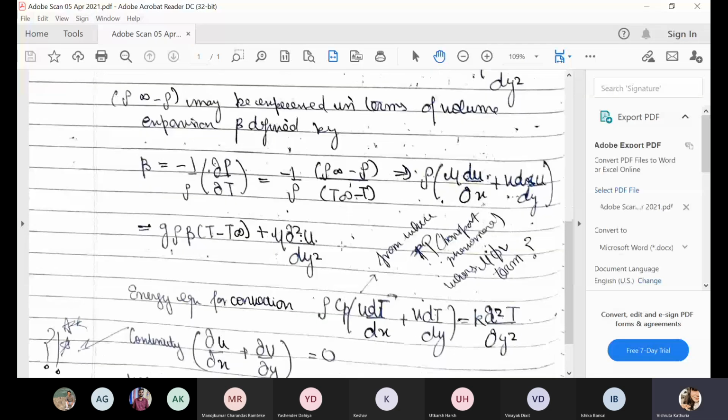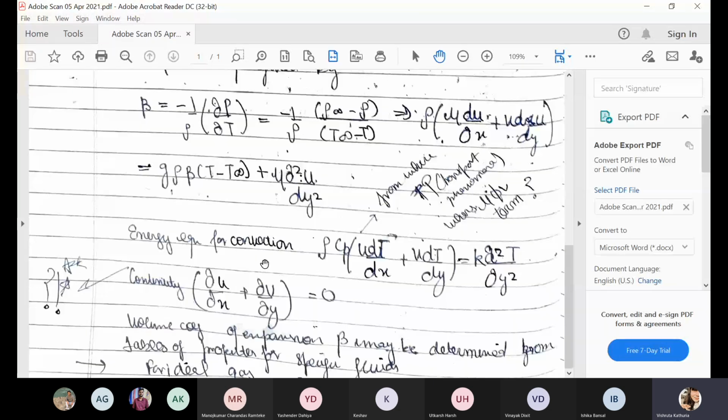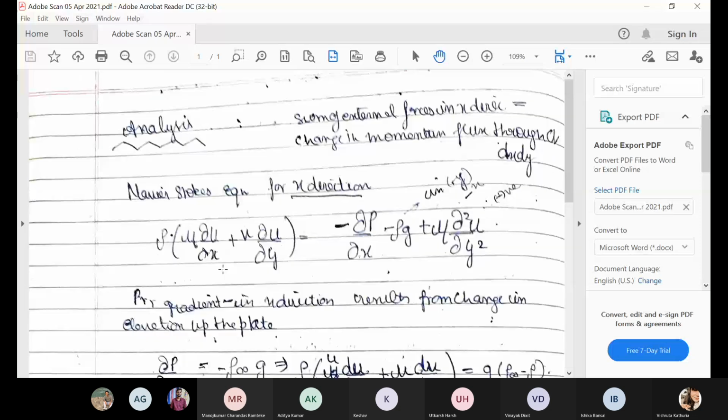Yes, sir. Here, it's the end of the file. That's it. So we did not include the mu phi term. Where? In the energy equation for convection. Okay, let me just open this. So this is the free convection you are saying, isn't it? Natural convection.